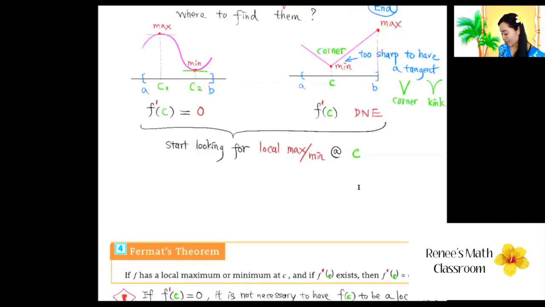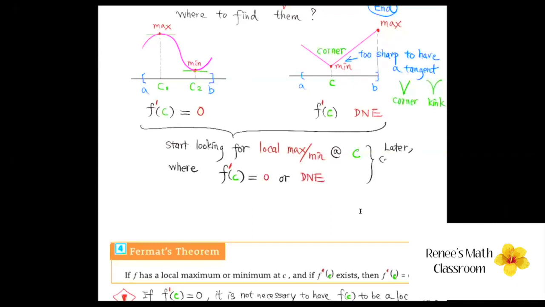Start looking for local max or min at those c where the first derivative equals 0 or does not exist, and then later on compare the function value at c with the endpoint values.